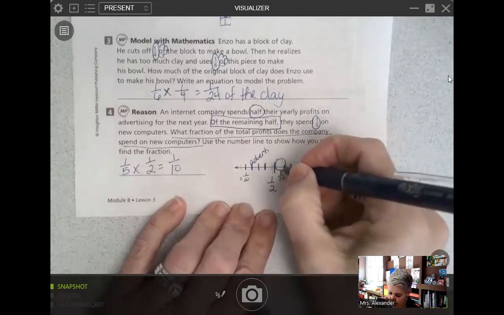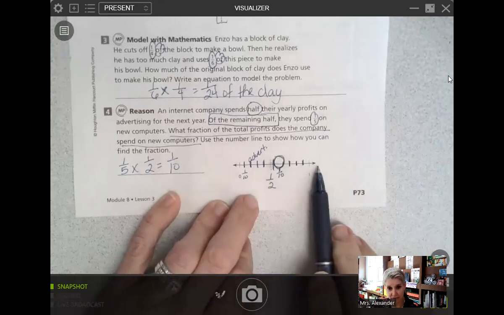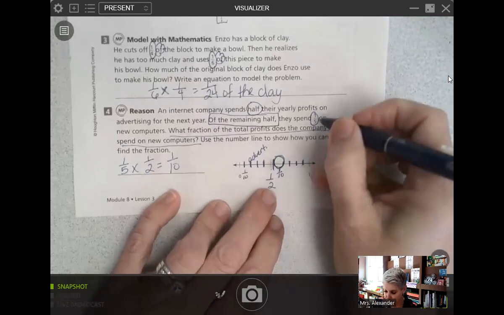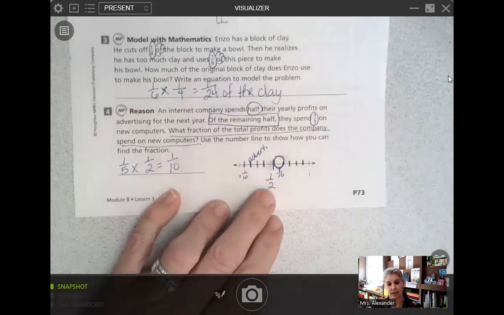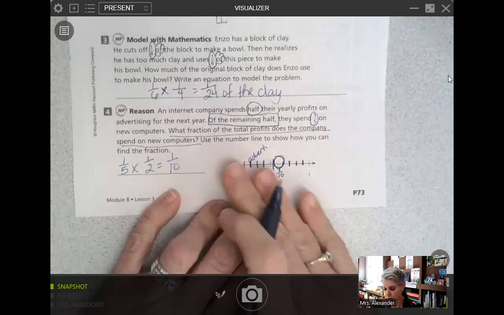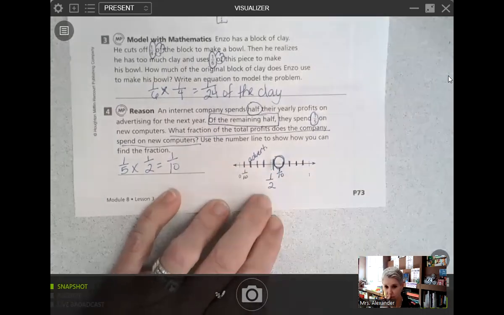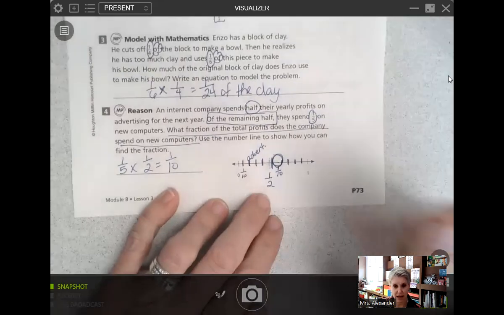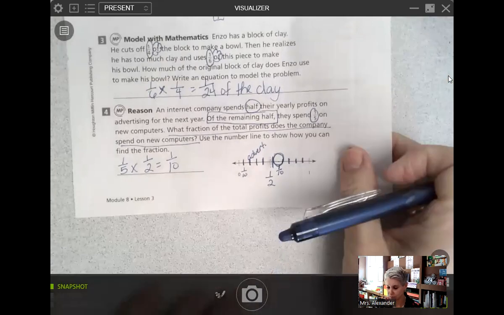But because we're at this part where it says the remaining half, if they're using 1/5, that's just one part, one of those tenths. Okay, so no matter where it fell on this number line, it's still just the 1/10. All right, if you have questions about that, make sure you bring them to class and we can talk about it a little bit more.